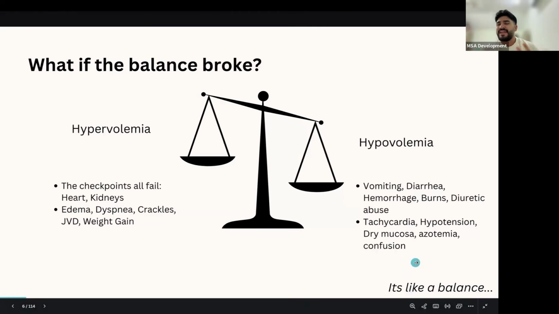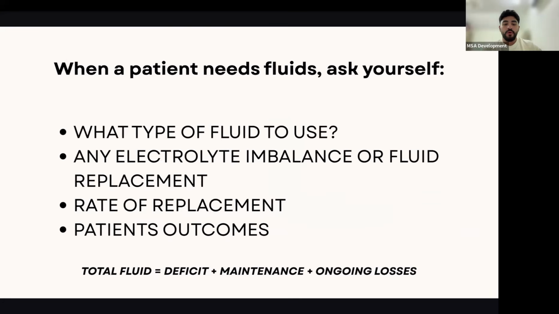So they're going to present with tachycardia, hypotension, dry mucosa, azotemia, all right, because in a hypovolemic state, you don't want to lose any fluids, and confusion, of course.